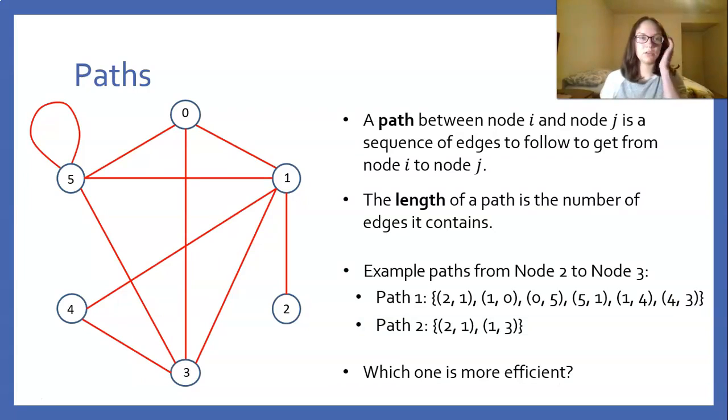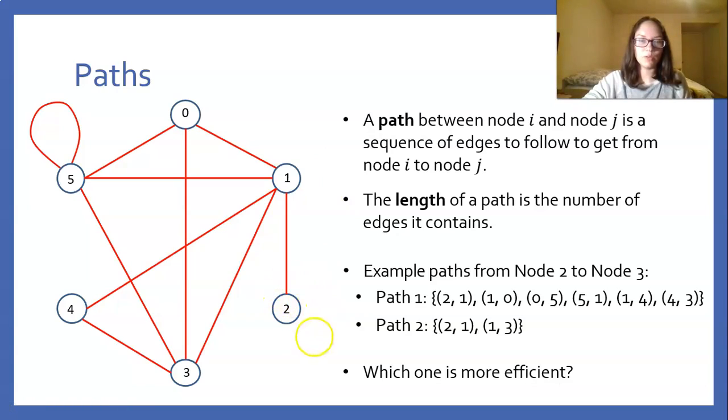All right, the next topic that we'll cover is a path between two nodes. As we defined at the beginning, a path between node I and node J is a sequence of edges to follow to go from node I to node J. Before we look at the length and things like that, I'll point out a path for you here on the graph.